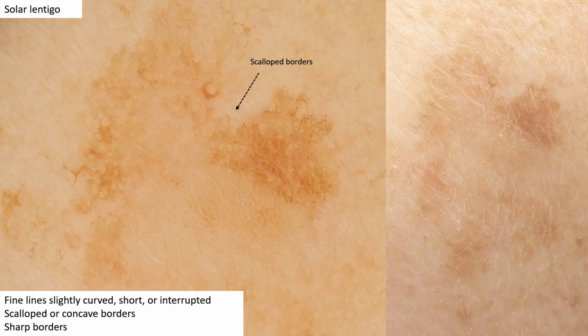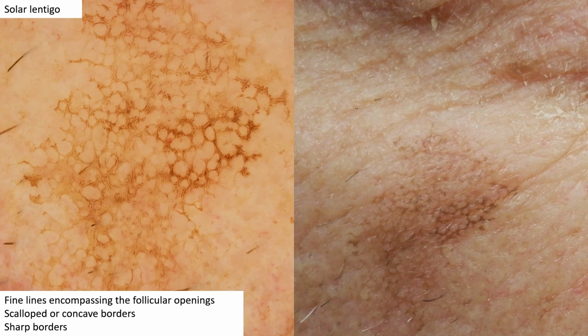In this case, you can see the scalloped borders as well as the sharp demarcation of the borders. In this case, we have fine lines encompassing the follicular openings. We have as well some sharp borders as well as some scalloping at the periphery.